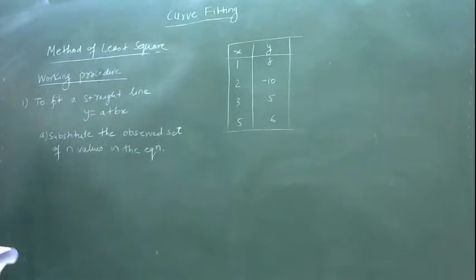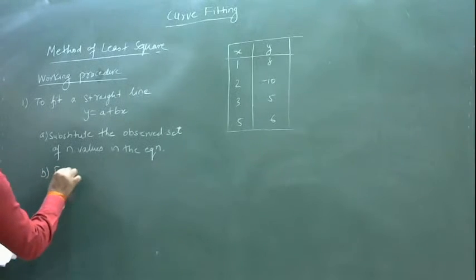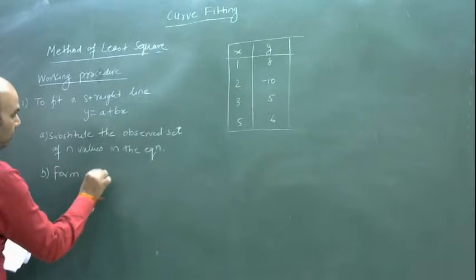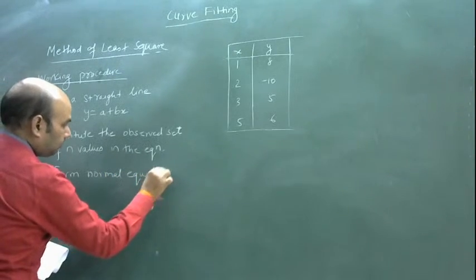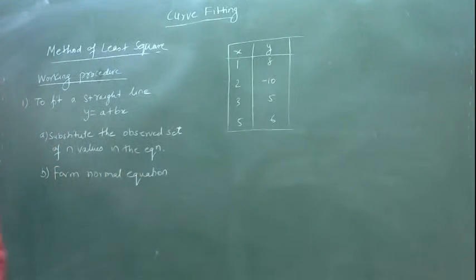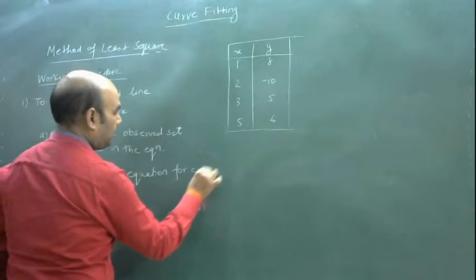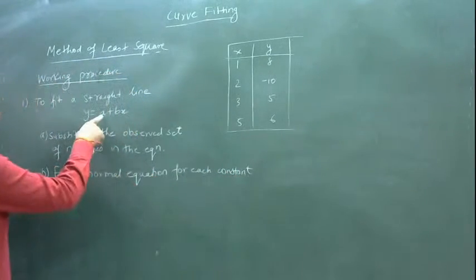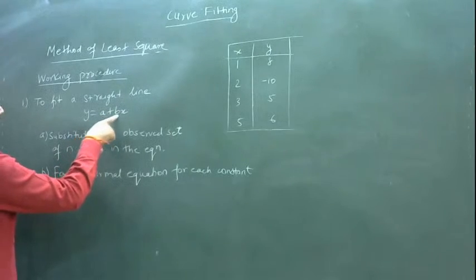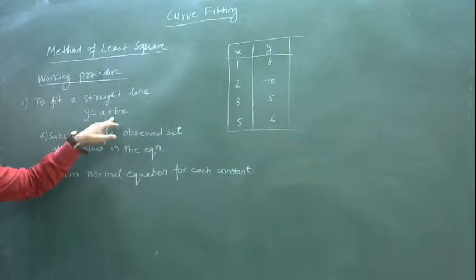Now we will form the normal equations. We have to form a normal equation for each constant, and here there are two constants, a and b. This is the equation y is equal to a plus bx.